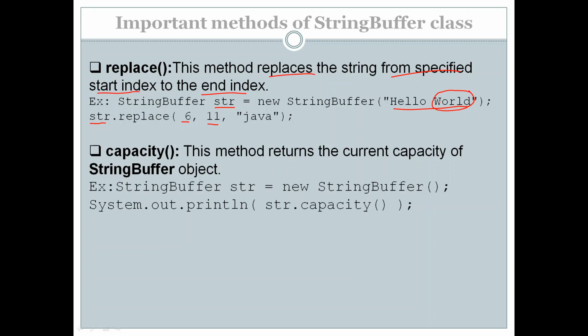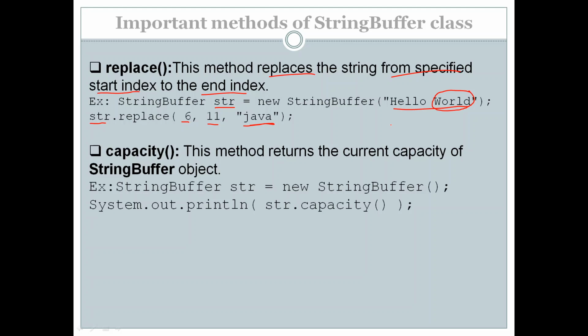So we want to replace from 6 till 11 and add a new string there, which is Java. This is how the replace function works, and after executing this you will get a new string, that is hello Java instead of hello world.